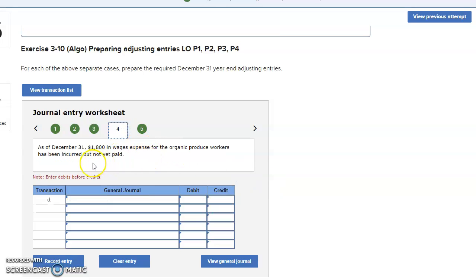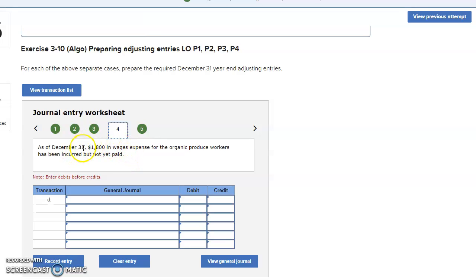The next exercise is, as of December 31st, $1,800 in wages expense for the organic produce workers has been incurred but not yet paid.